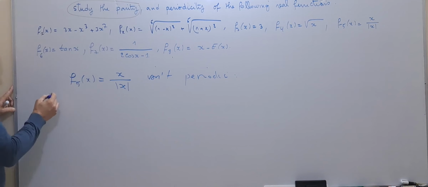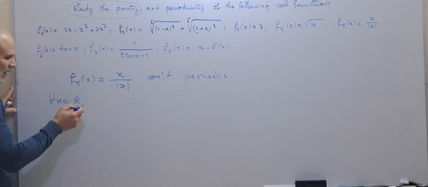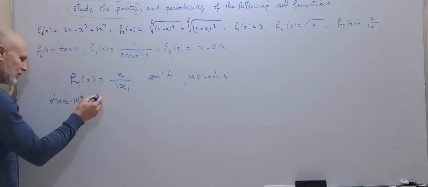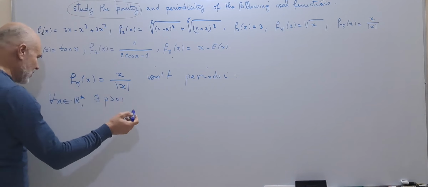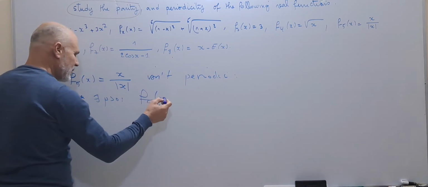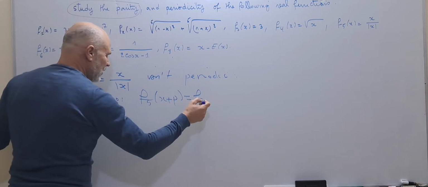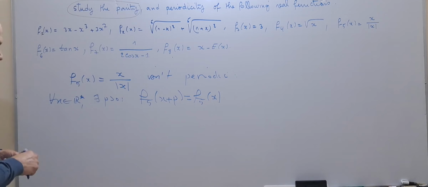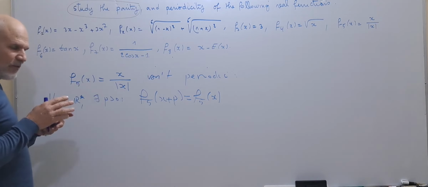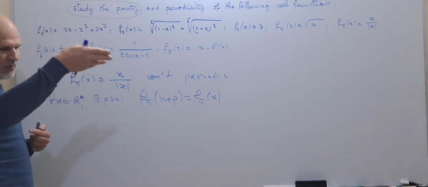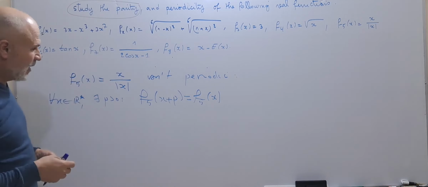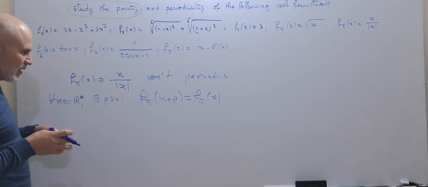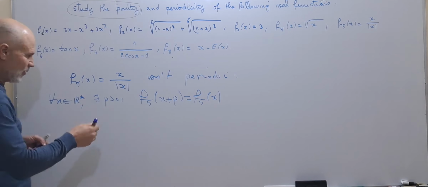This means that for all x in R star, there exists p greater than 0 such that f5 of x plus p is equal to f5 of x. And here we have to discuss cases. If we are close to 0, from one side we have -1 and from the other side we have 1. This will be false, so it is not periodic.